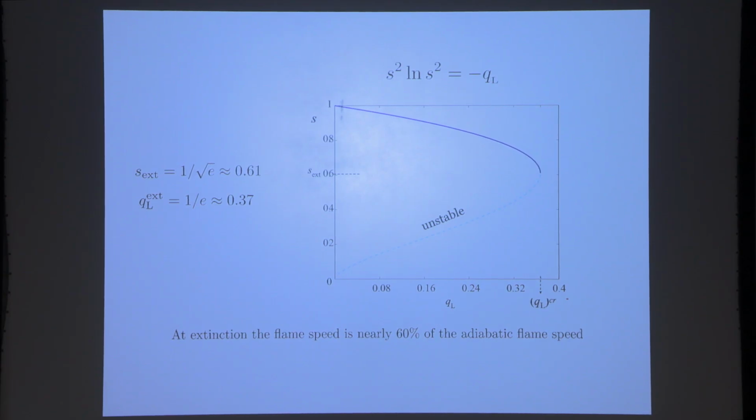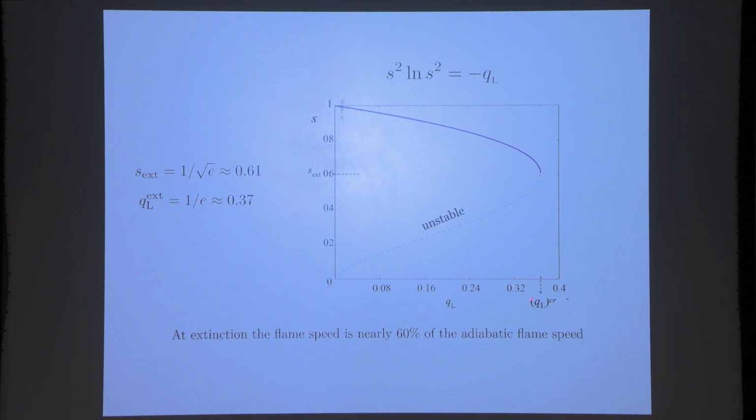Then the idea is that if you start, let's say, with an adiabatic flame, you increase the loss, then the speed is lower. You increase the loss further, you increase QL, then the speed is smaller and smaller up to this point.